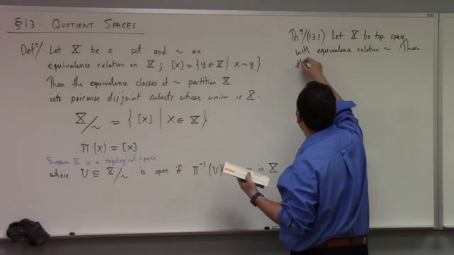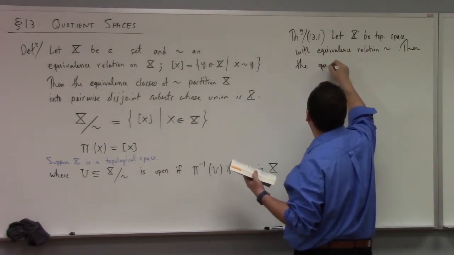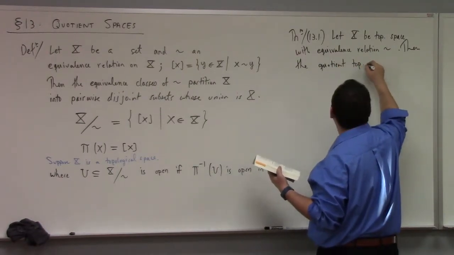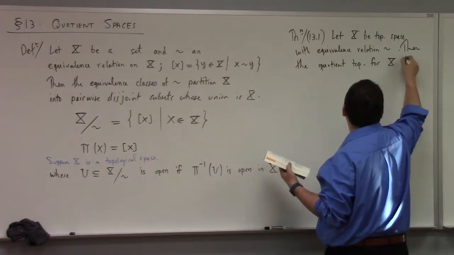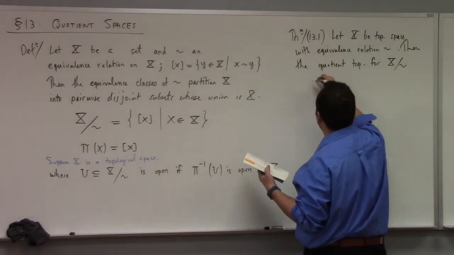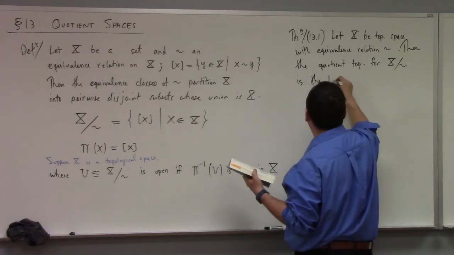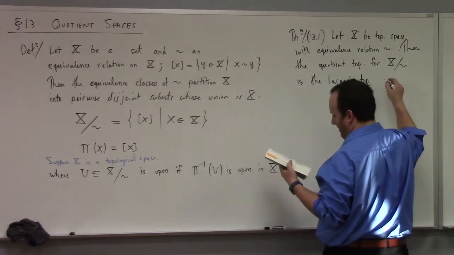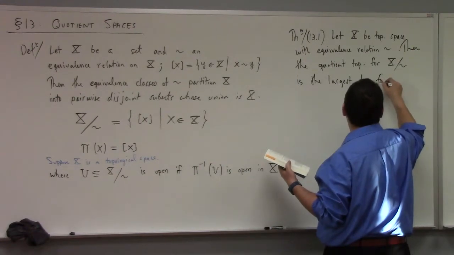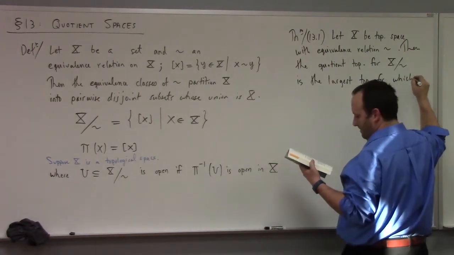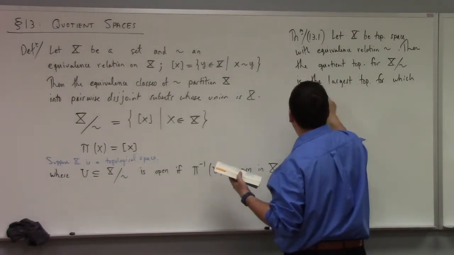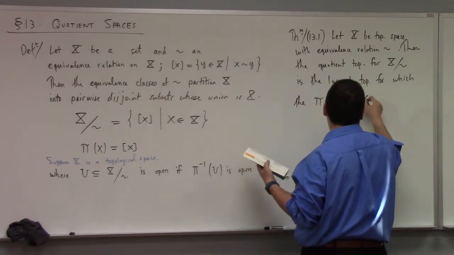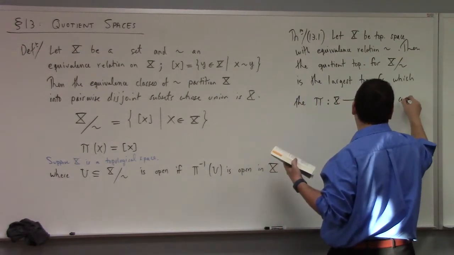the quotient topology for the set of equivalence classes is the largest topology for which the projection is continuous.